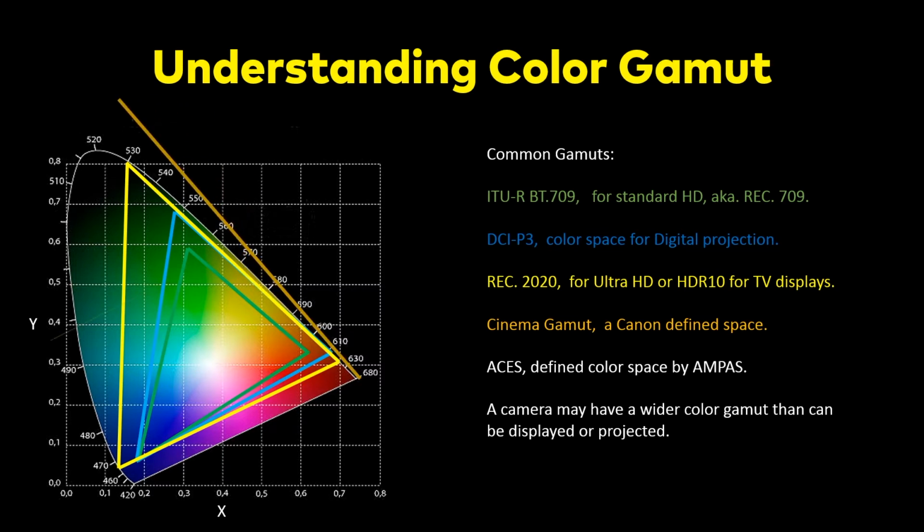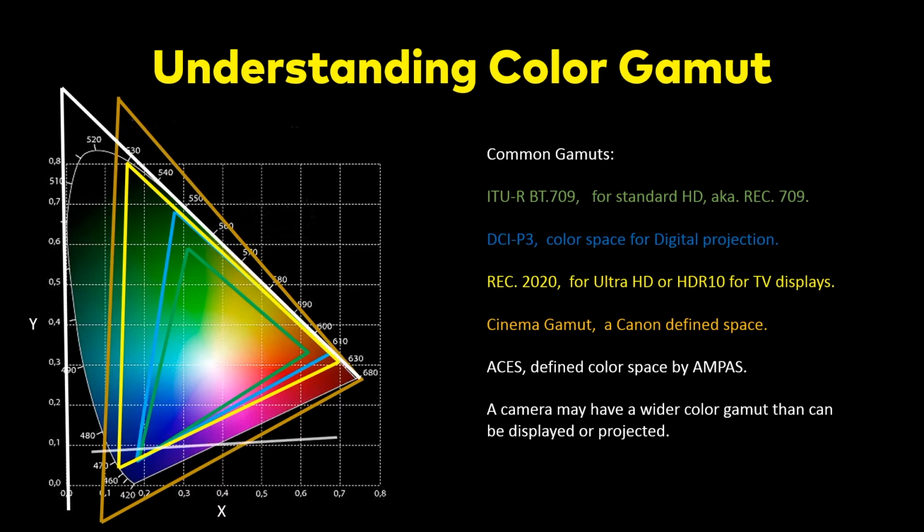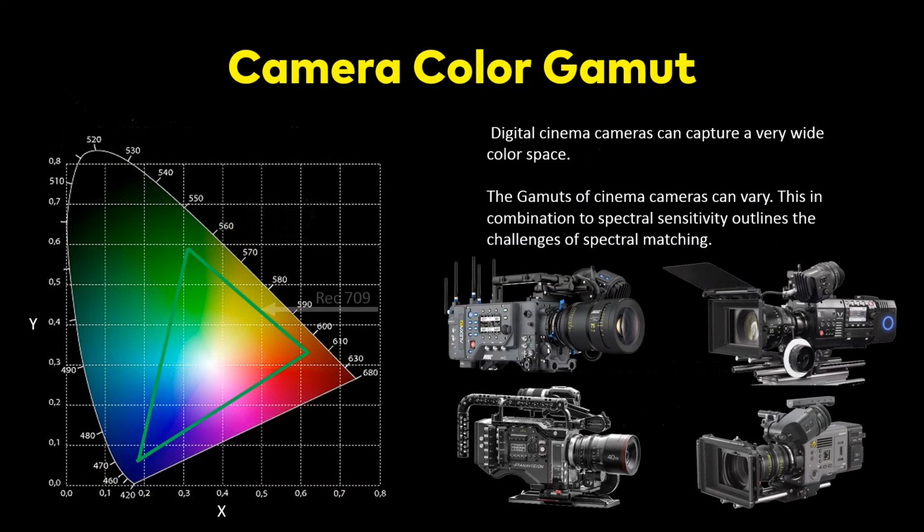Canon uses something called a cinema gamut, and it encapsulates pretty much all of the CIE space that is reproducible, or that you can hope to generate some light in. And then you have ACES, which encapsulates the entire range, and I'll talk more about that. These are all very active gamuts in our industry right now, and when you're in post, you'll have the option of working with these.